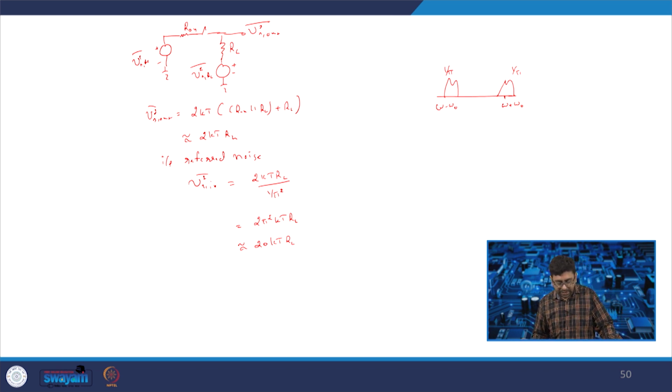If you consider the input referred noise, and then if you want to find out the noise figure, let us take one example. If R on resistance is 100 ohm and RL is equal to 1 kilo ohm, then what is the input referred noise of the above circuit?